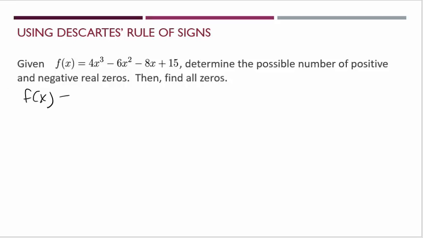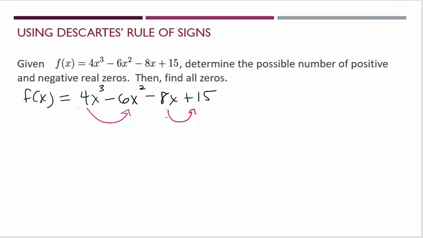So we're first going to look at the number of sign changes in f of x. And that is the sign changes in the coefficients. And so if you have a positive leading coefficient, so positive 4, and then negative 6, that's one sign change. And then we don't have a sign change between the second and third terms, but between the third and the fourth we do.